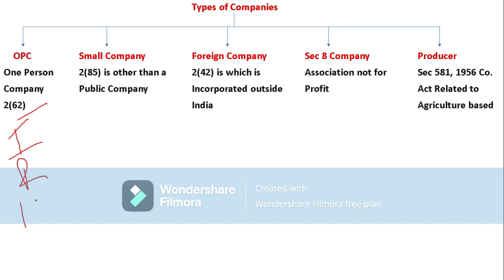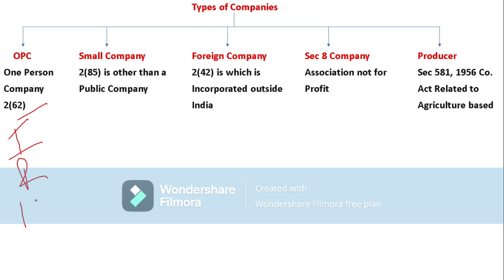That means he should have stayed in India not less than 182 days in that calendar year. In such a situation, in case of death, such persons can be taken as a nominee.